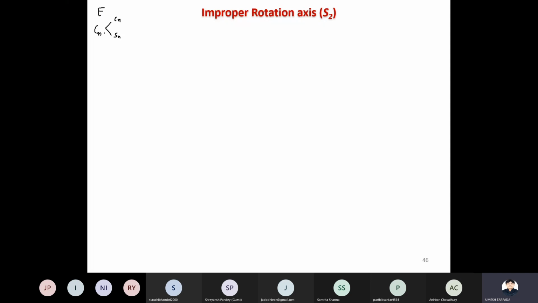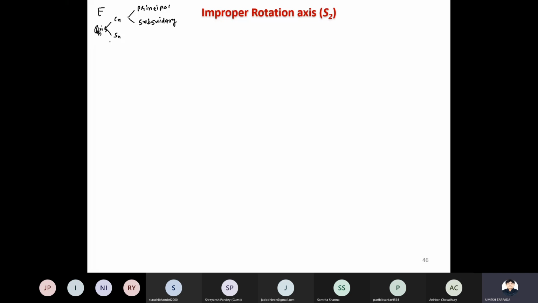Even in Cn, you can have two types of axis: one is the principal axis, and another is the subsidiary axis. The principal axis is the highest order axis passing through the maximum number of atoms, and all remaining axes are called subsidiary axes.